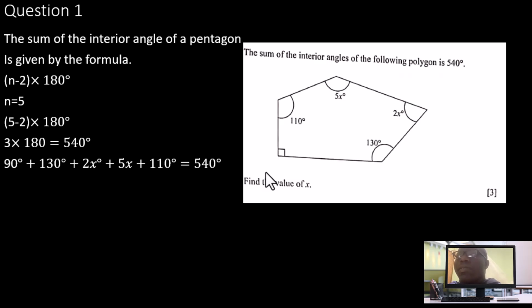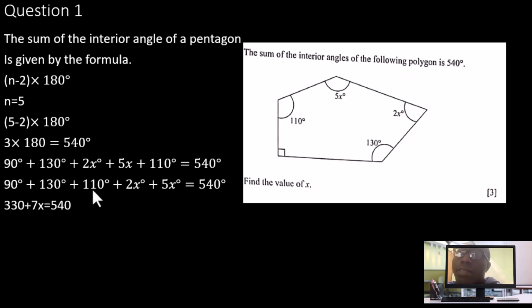From there, we're going to collect the like terms. When we add 90 plus 150 plus 110, we get 330. Then when we add 2x plus 5x, we get 7x, which equals 540.